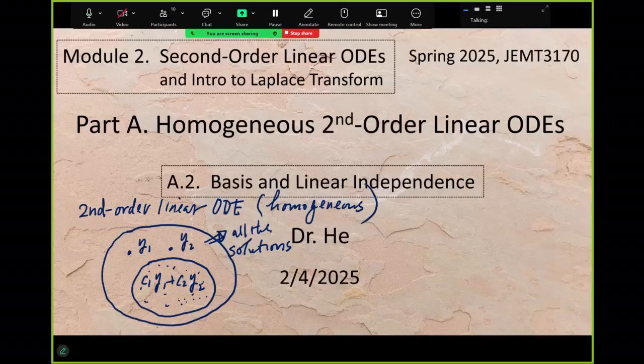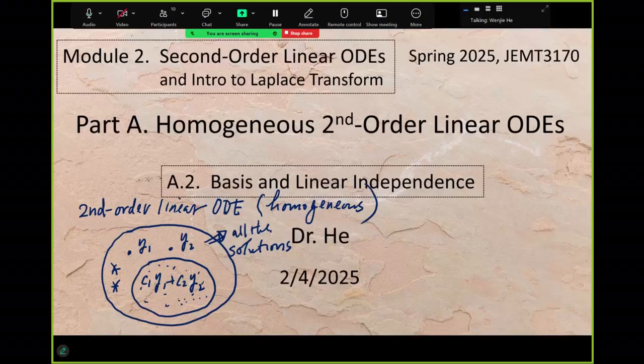But the question is, do you get all of the solutions if you use a linear combination? Can you cover all the possible solutions? Is there any solution still in the big circle, but not in the smaller linear combination circle?